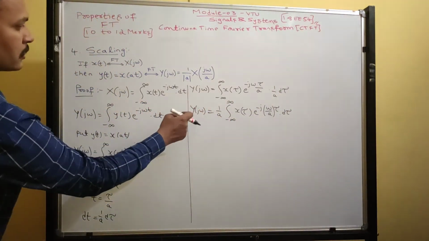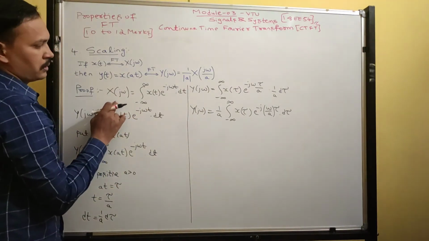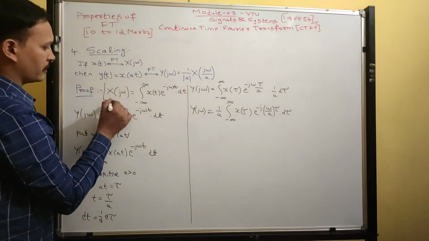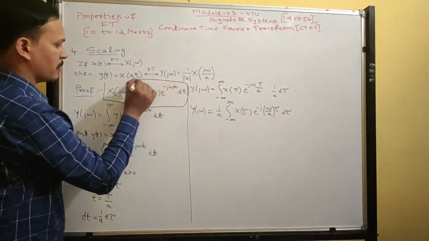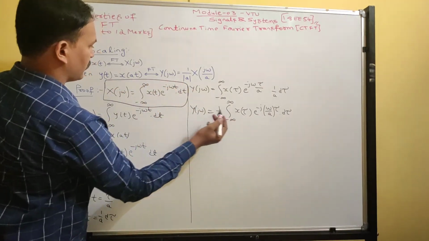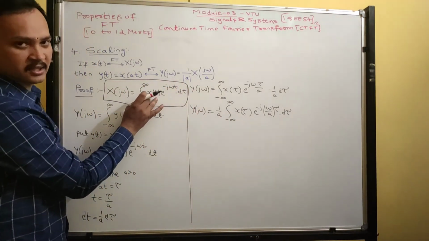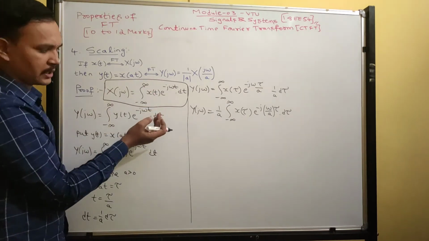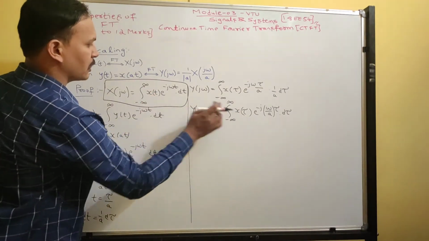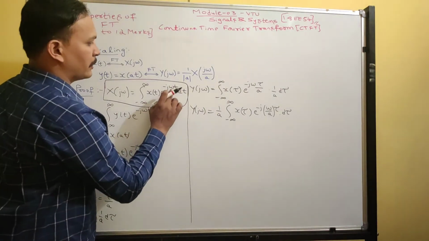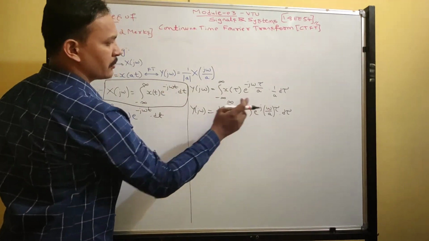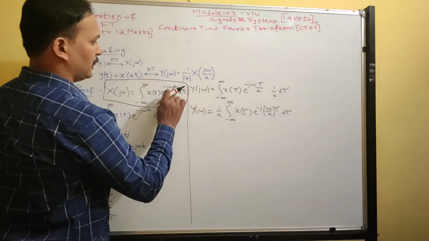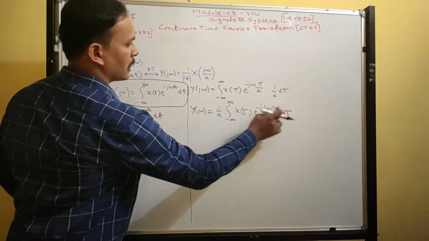Now compare this with the Fourier transform formula. See, x of t is there, limits minus infinity to infinity, correct. In place of t we have tau. In place of omega, we have omega by a. In place of dt, we have d tau.